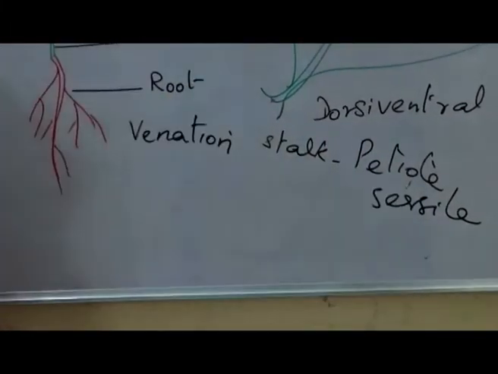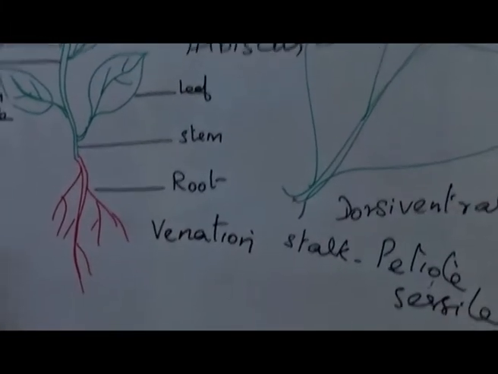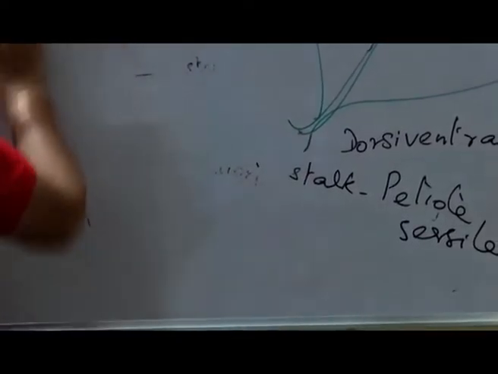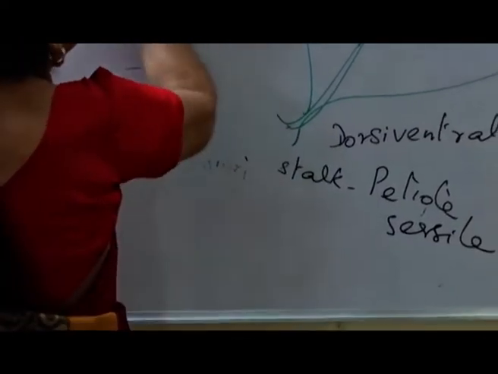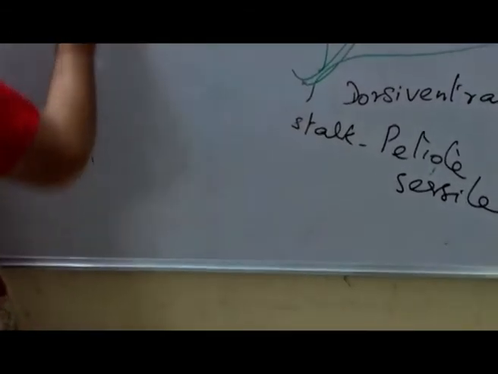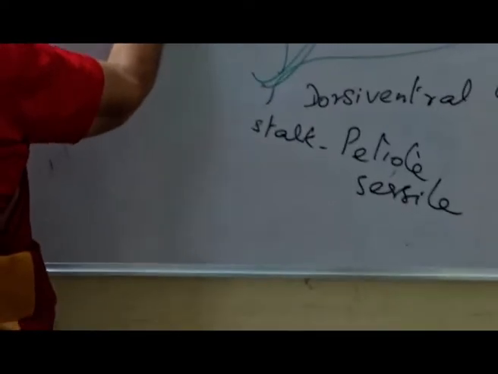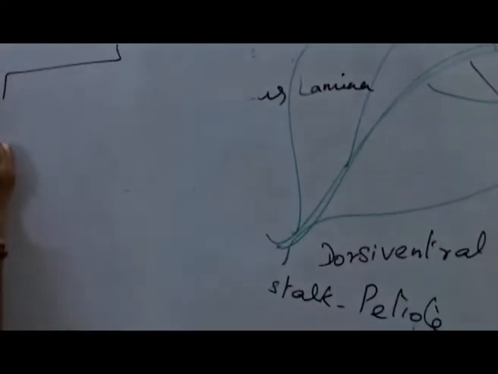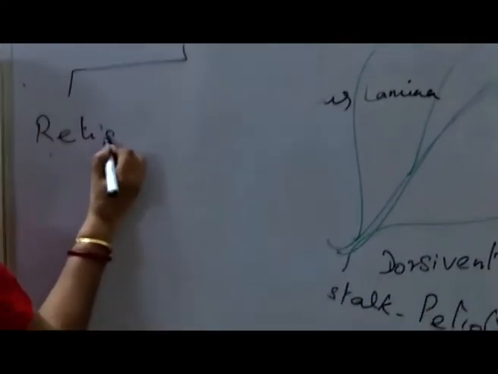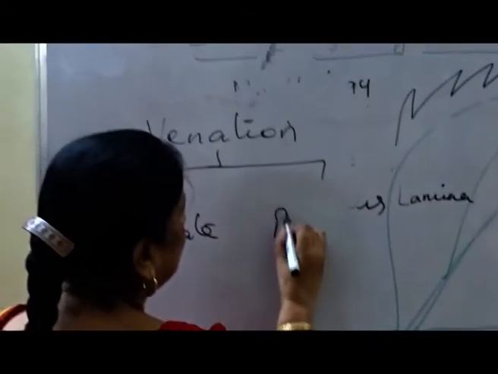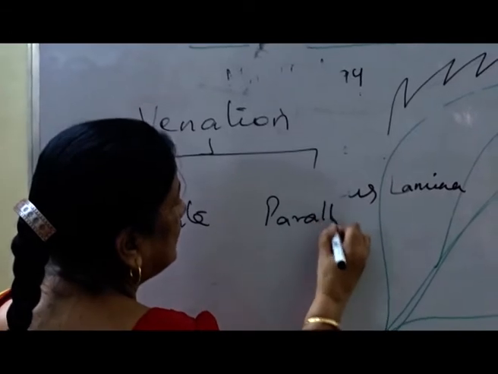Now this venation is of two types. One is reticulate venation, another one is parallel venation.